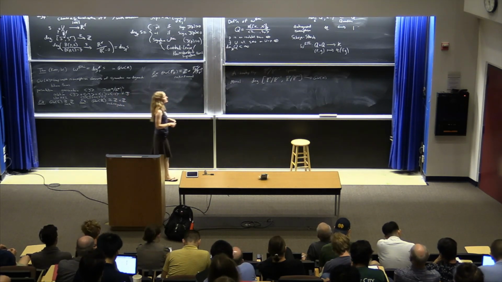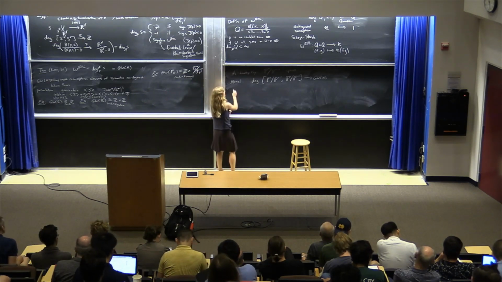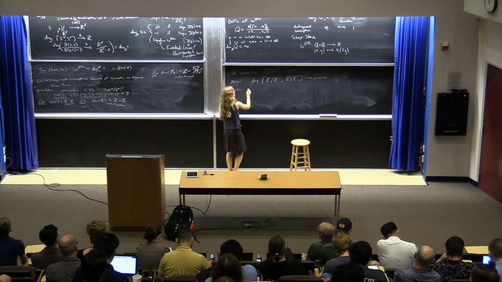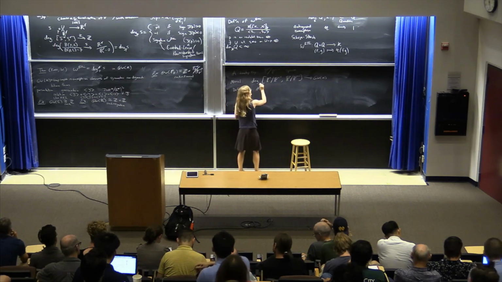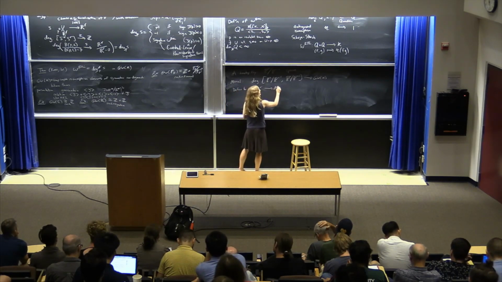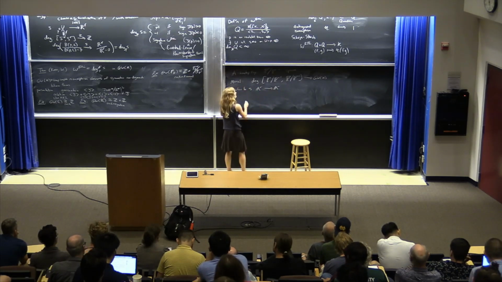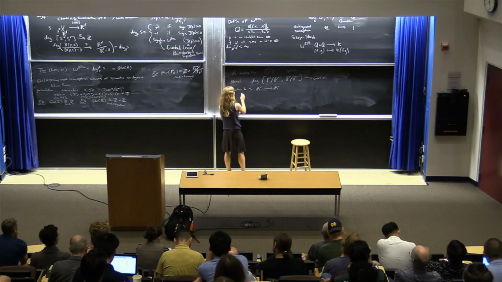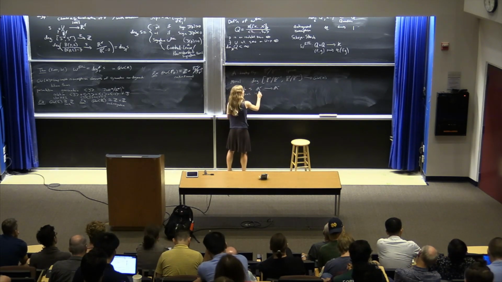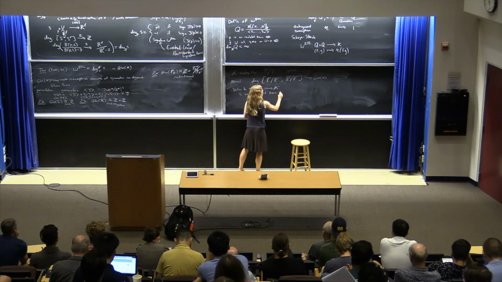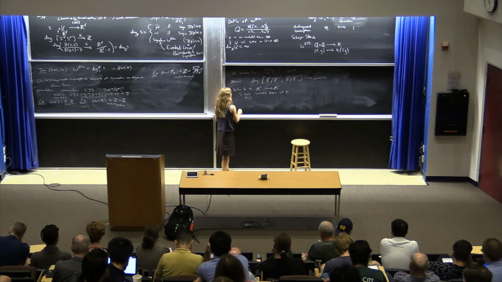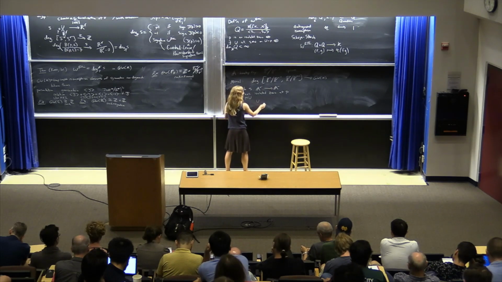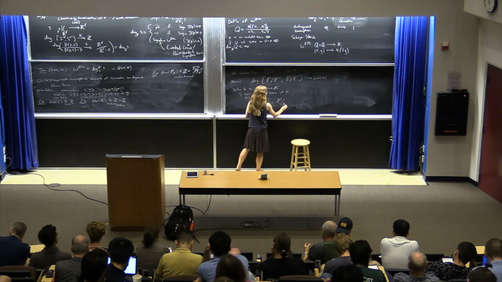And you can similarly define the local degree of a function. So if f from A^n to A^n has an isolated zero at p, then we take U, a neighborhood U containing p, and we can make a function induced by f from U over U minus p to A^n over A^n minus the origin.